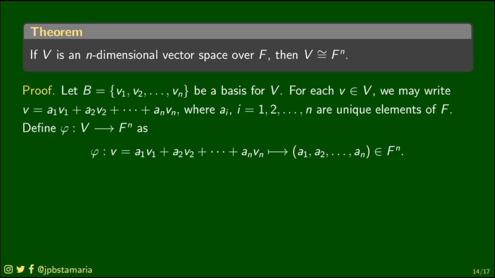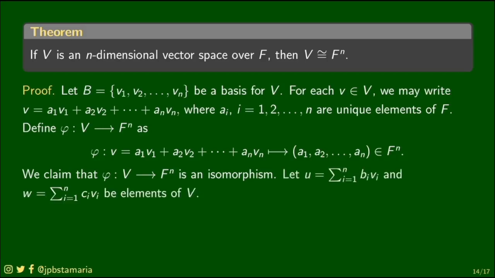So you can think of this as if every vector in your n-dimensional space may be identified with this point in Fn by simply considering its coordinate. This is the coordinate. We claim that this function phi is actually an isomorphism.